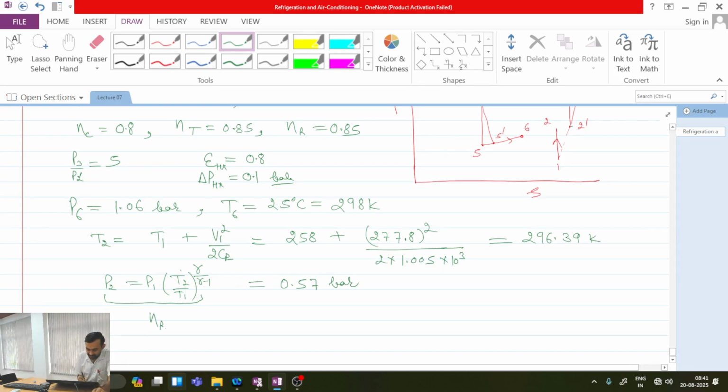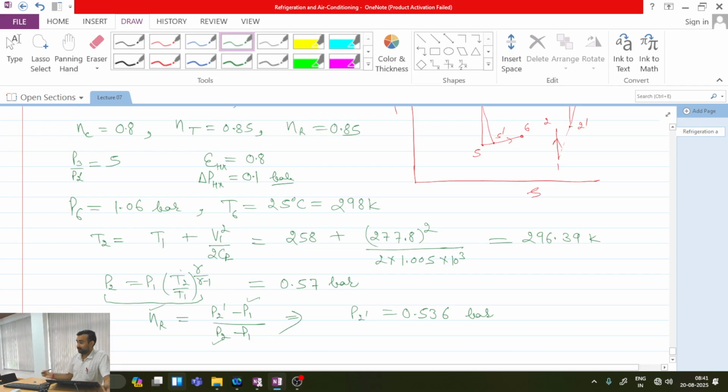RAM efficiency is P2 dash minus P1 divided by P2 minus P1, and its value is 0.85. From here I know all the other values, so I can calculate P2 dash. How much is it? 0.53. Correct. 0.536 bar is given in the solution.